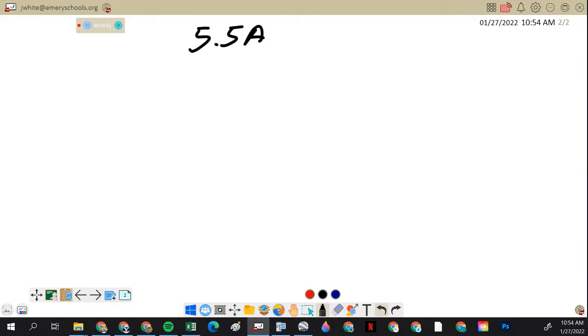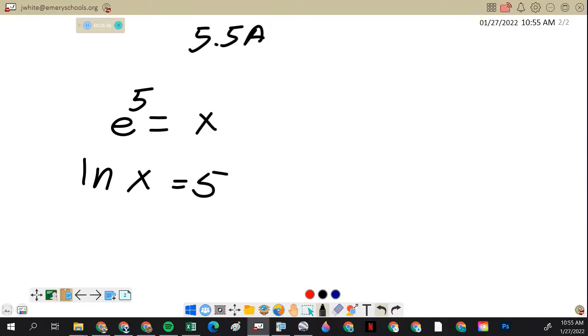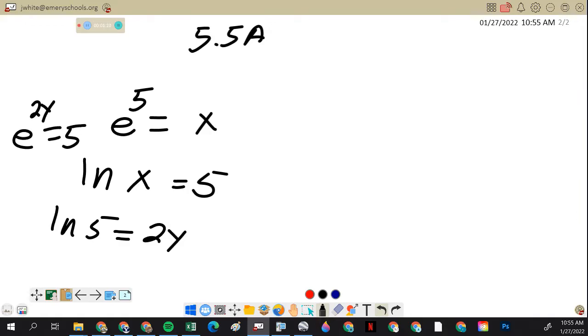So if I had e to the 5th equals x, what would that be in log form? ln x equals 5. Yep. If I had ln of 5 equals 2y, what would that be in exponent form? e to the 2y equals 5.